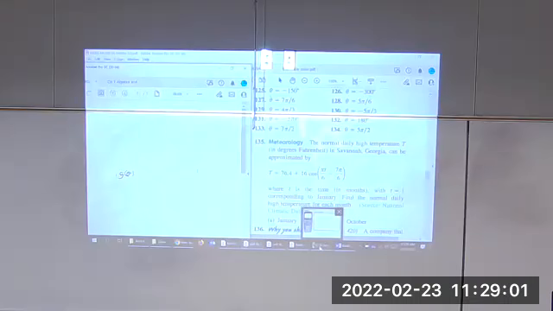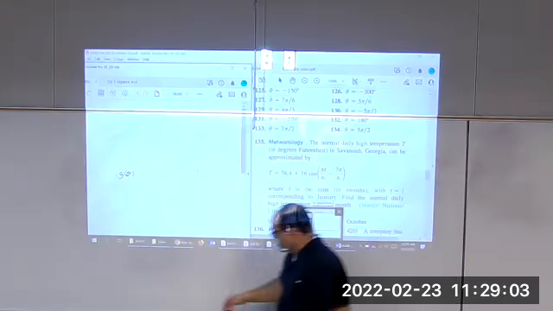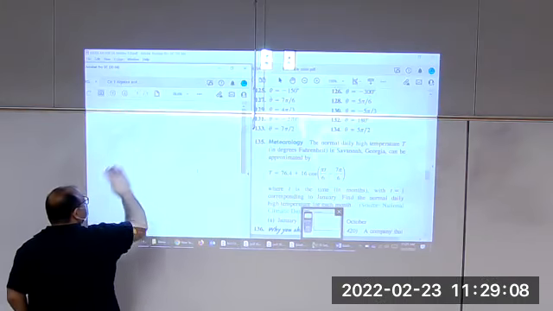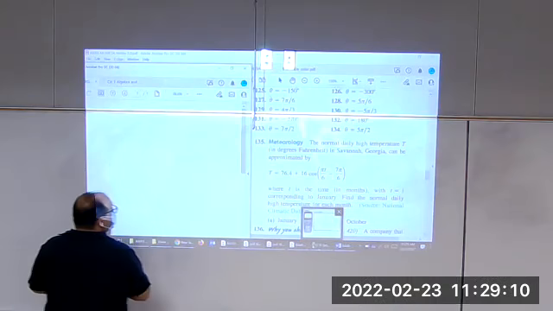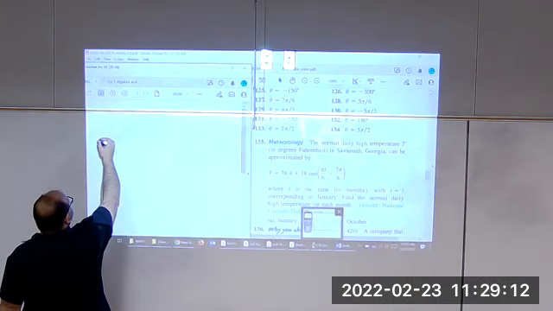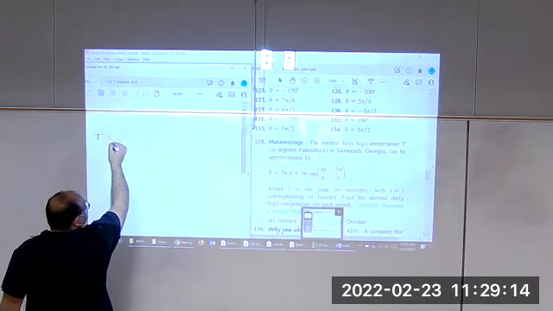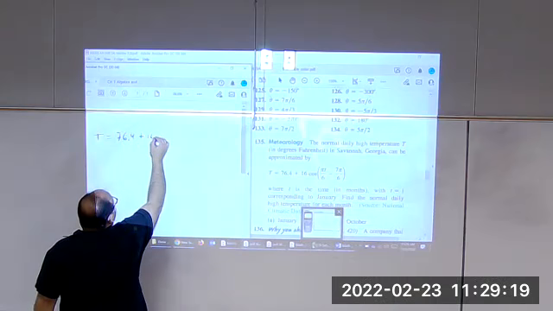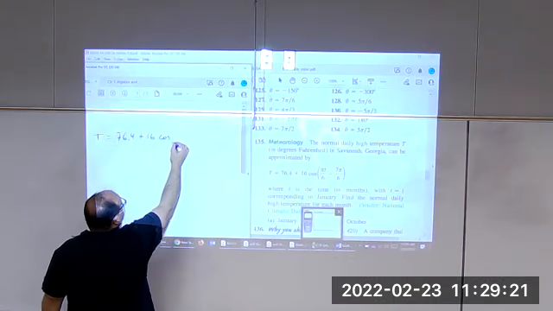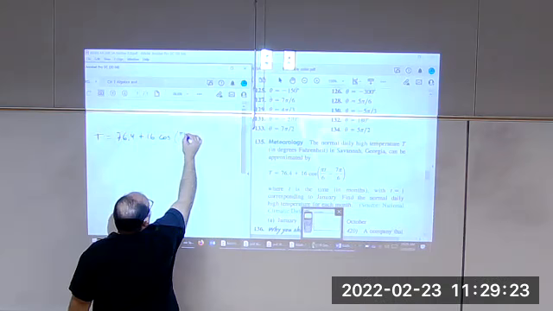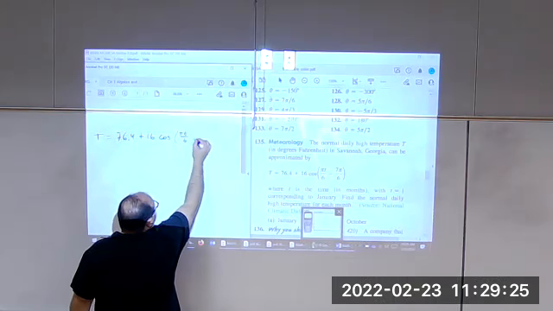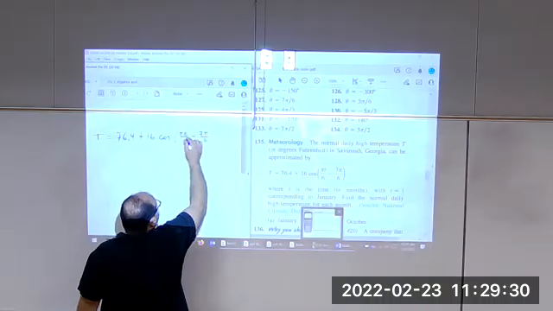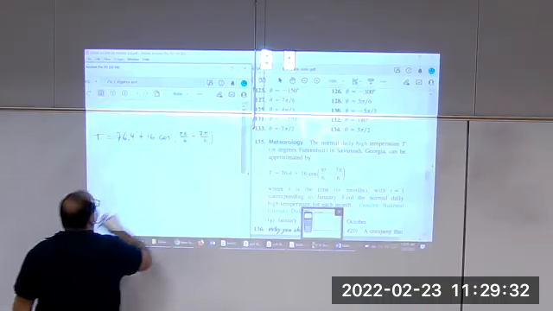I'm going to copy this over there. You could do it by hand, but I also want to show you how this works. T is equal to 76.4 plus 16 cosine, parentheses, pi t over 6 minus 7 pi over 6, parentheses.